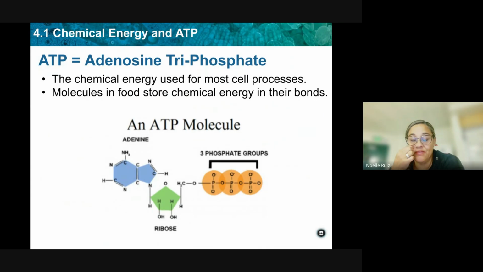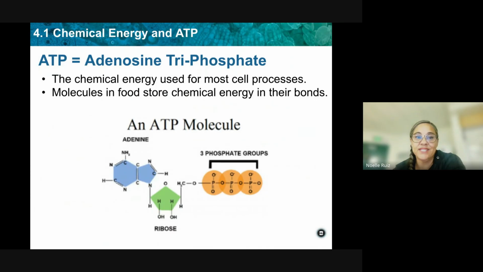ATP is a very, very important molecule for chemical reactions. When things are transported in and out of your cell membrane, that is a chemical reaction. Most of the time, ATP is required.